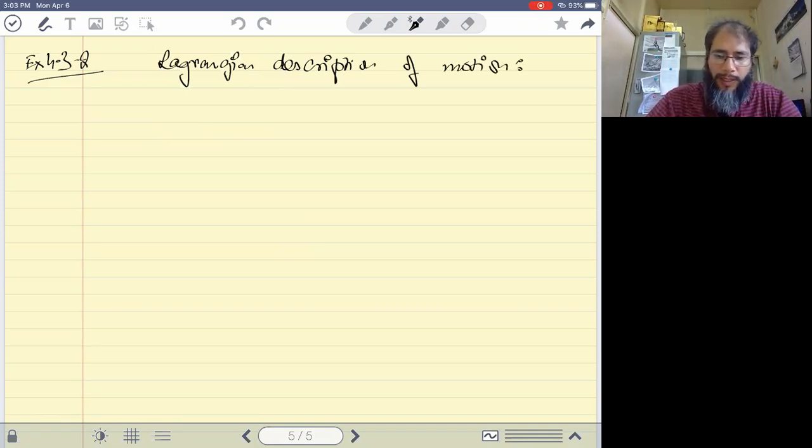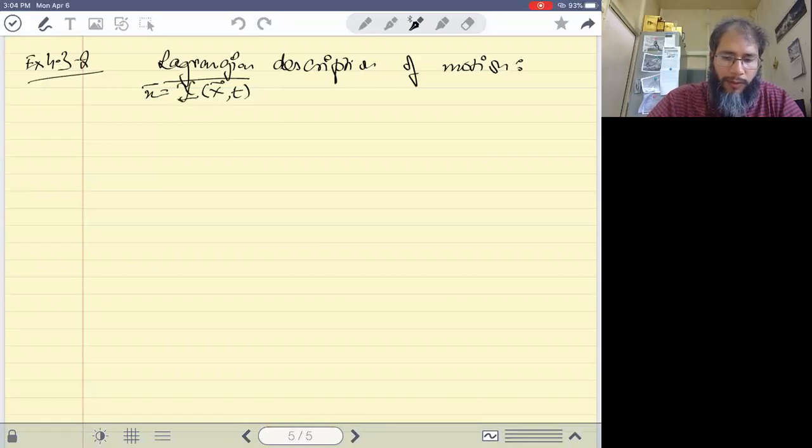When we say Lagrangian, that means we have something given as a function of capital X and t, because Lagrangian is in terms of capital X. So when we say description of motion, that means we have small x given as a function of capital X and t. The same description of motion that we've been talking about is nothing but a Lagrangian description of motion.